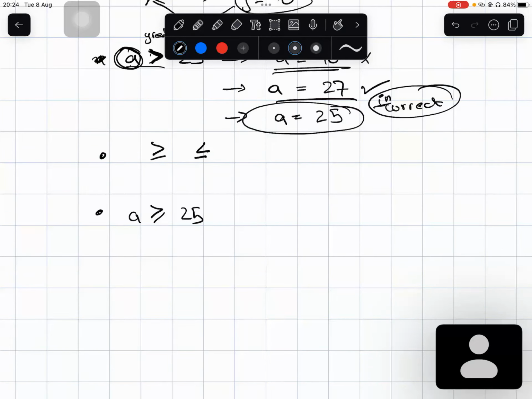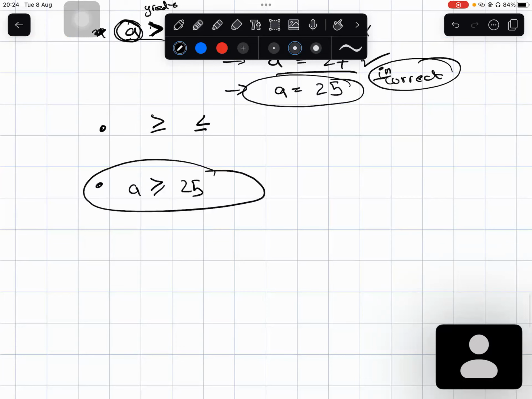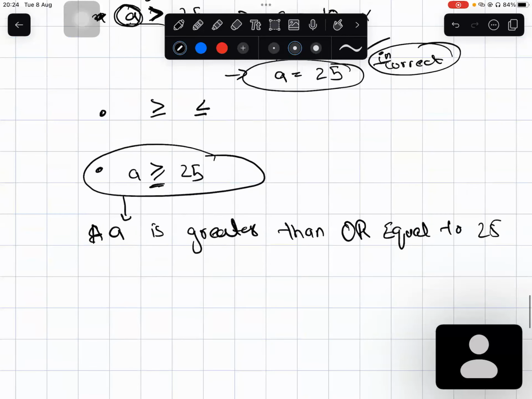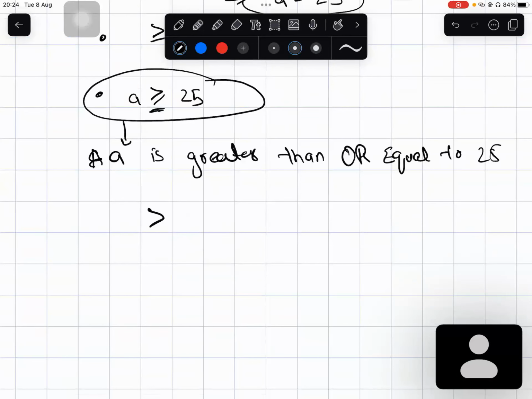Now in this case, this mathematical expression is translating to A is greater than or equal to 25. This sign is different from this sign, which suggests that A is greater than 25.